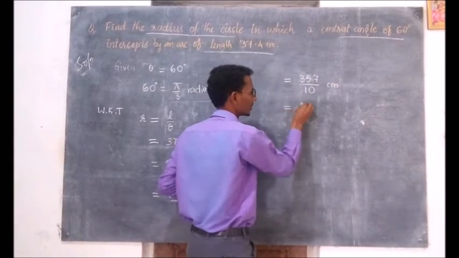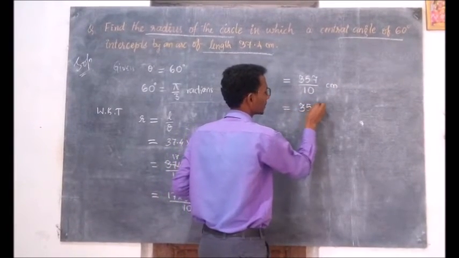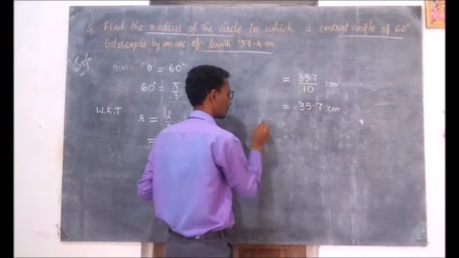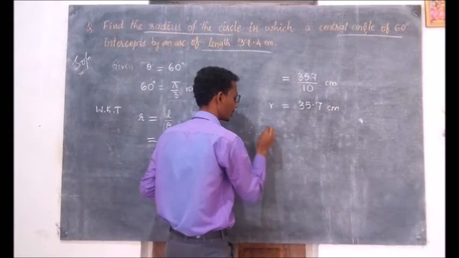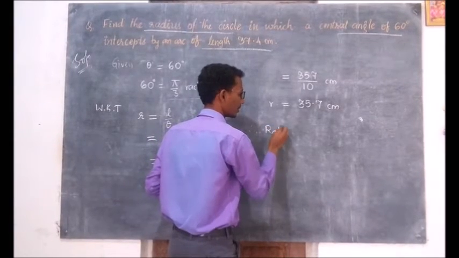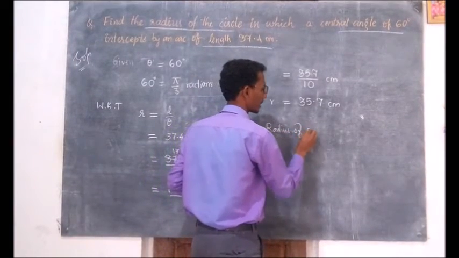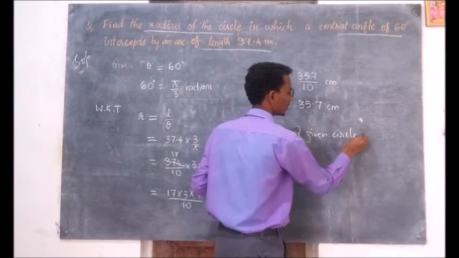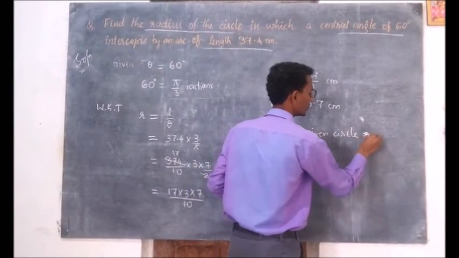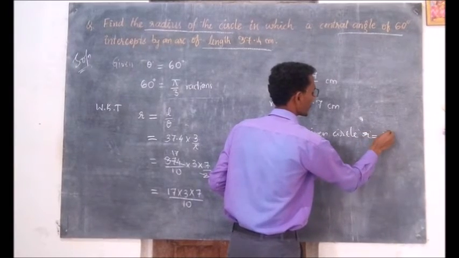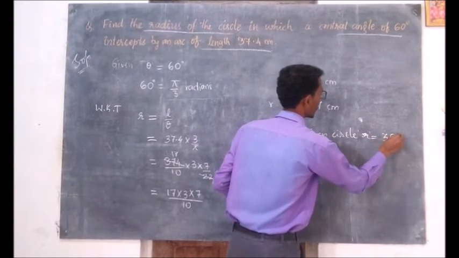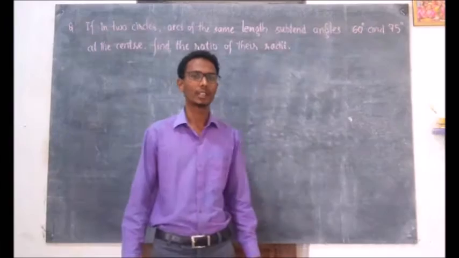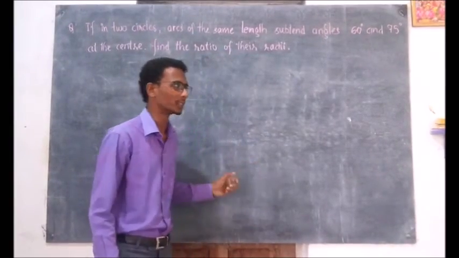That is nothing but 35.7 centimeters. Therefore, radius of given circle is equal to R equal to 35.7 centimeters.